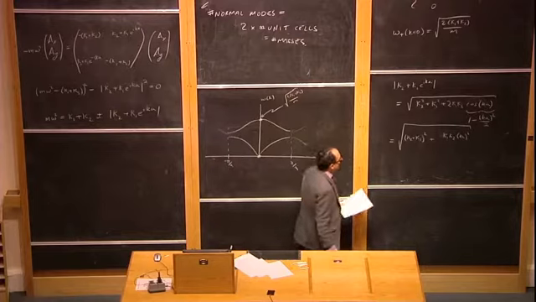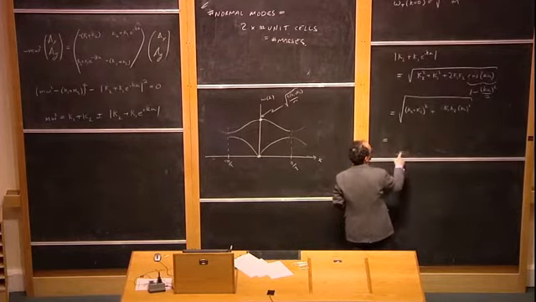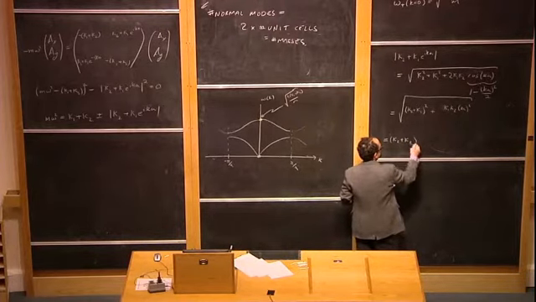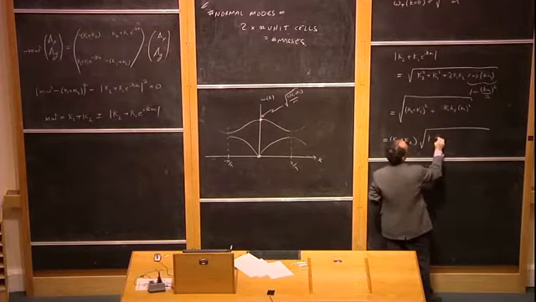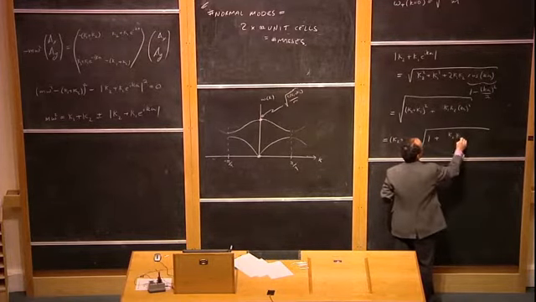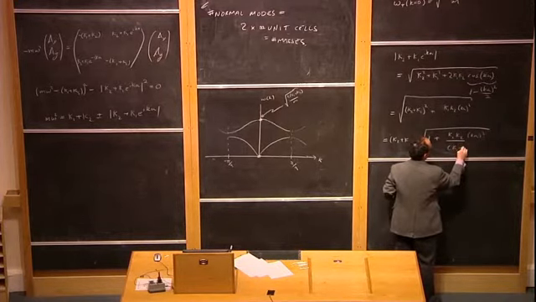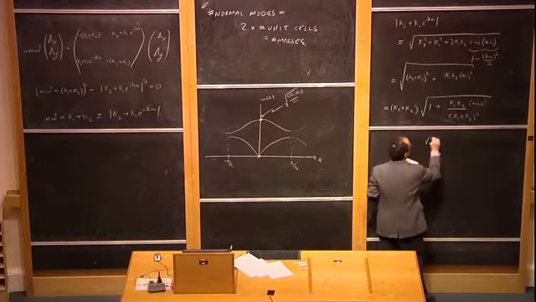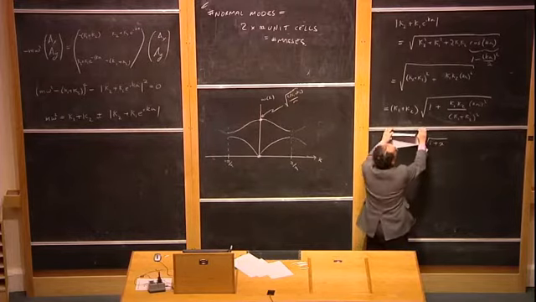Then this conveniently factors out to give kappa 2 plus kappa 1 times the square root of 1 plus kappa 1 kappa 2 k squared a squared over kappa 1 plus kappa 2 squared. And if you remember, the square root of 1 plus x, oops, I got a sign wrong.